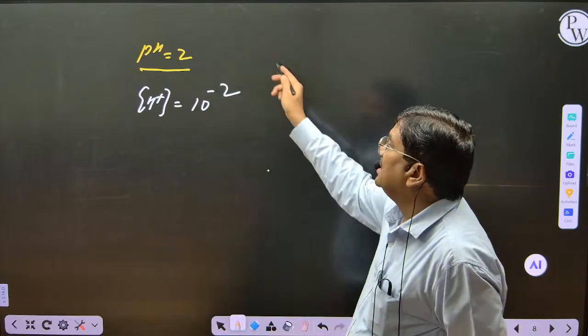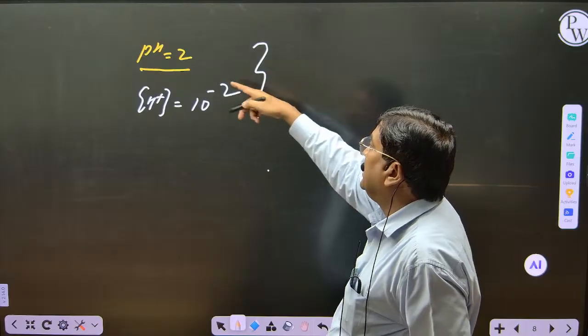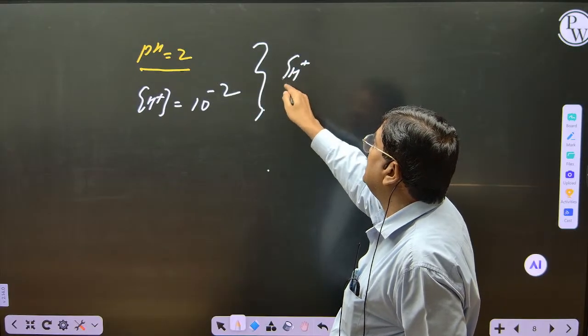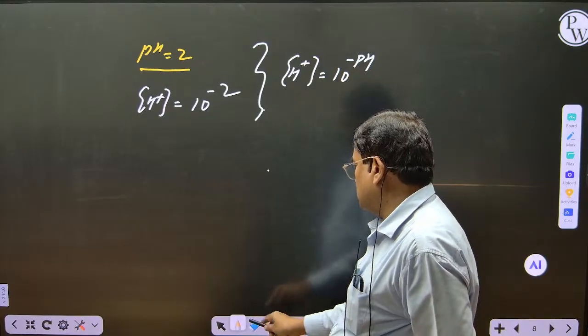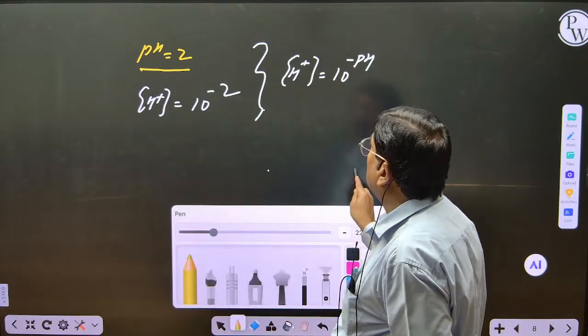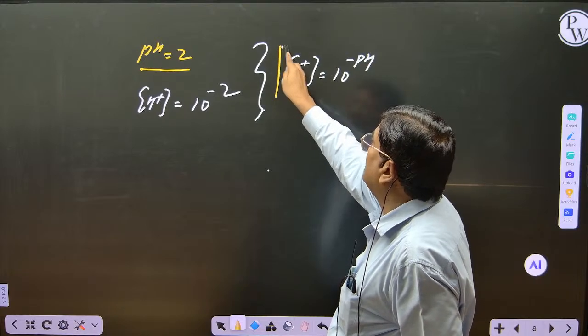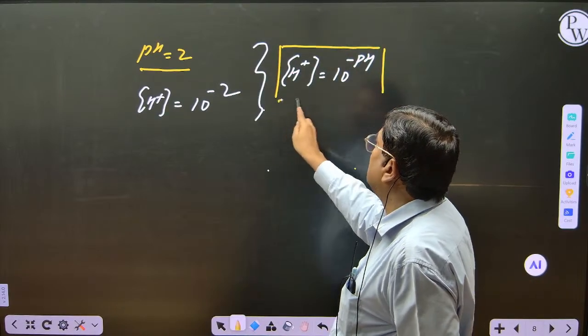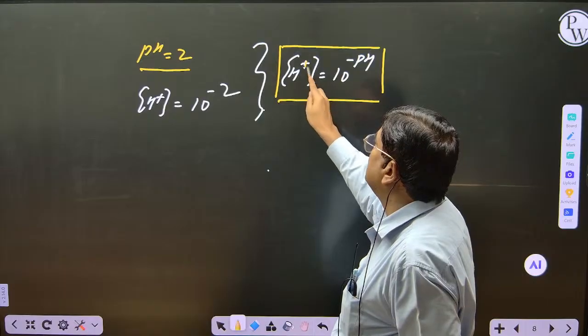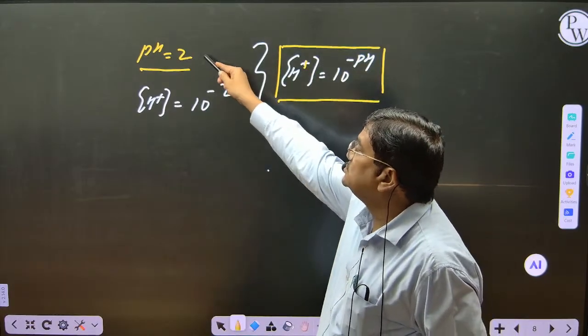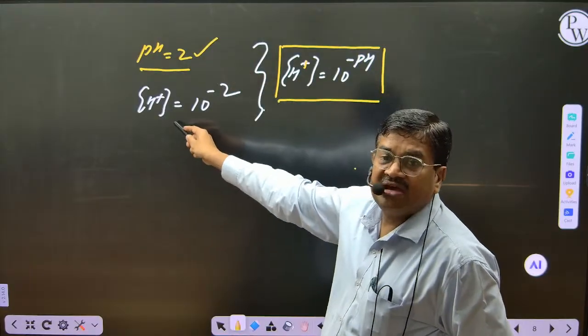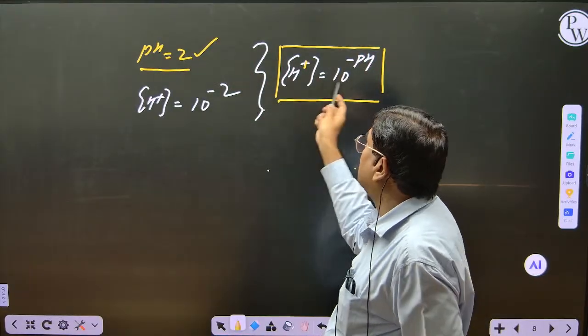That means there is a relation: when we take anti-log, H plus ion concentration is equal to 10 power minus pH. When pH is given, how do you get hydronium ion concentration? H plus ion concentration is equal to 10 power minus pH. If pH of the solution is 2, what will be the H plus ion concentration? 10 power minus 2.